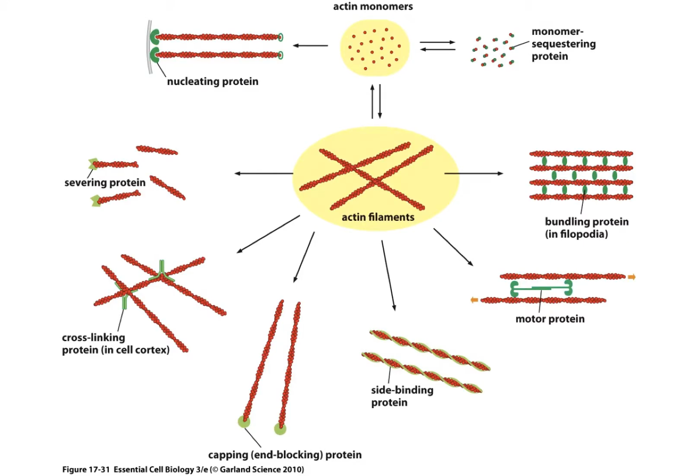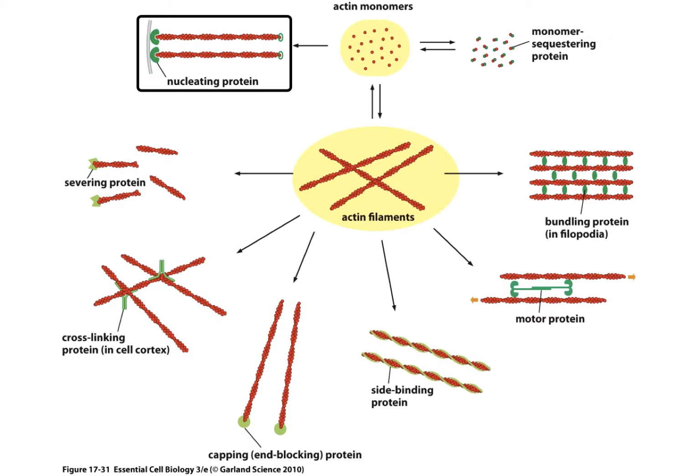In addition to what I just mentioned with actin, actin can form many different structures in cells and perform many different functions. One of them is this motor protein, which is in muscle cells, which we've already partially discussed. It starts as monomers. There's a monomer sequestering protein, so there's always plenty of actin around.